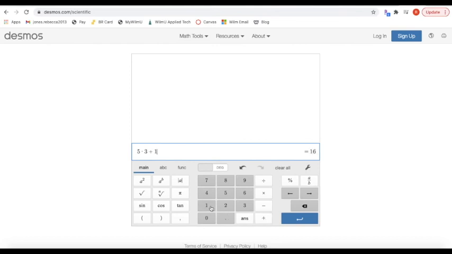So we took our denominator times our whole number, adding our numerator. And if we did this correctly, our answer should be 16, which our answer is 16. So that tells us that our 16/3 and 5 1/3 are correct. We did our work correctly. Nice job.